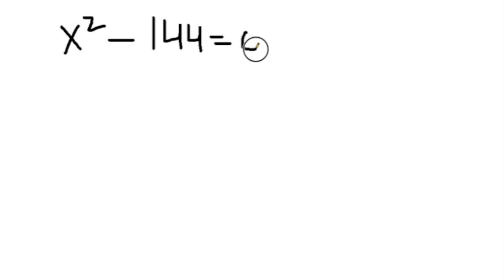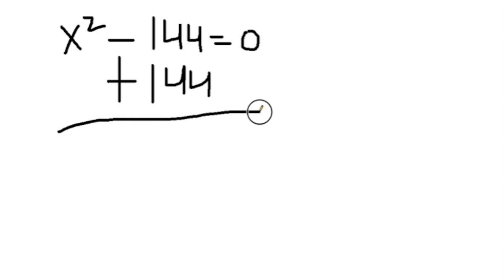All right. So we have an equation, and let's say it's x squared minus 144 equals 0. Now we have to factor this. So what we do is, when we factor, we first isolate 144, and that we do by adding its opposite.